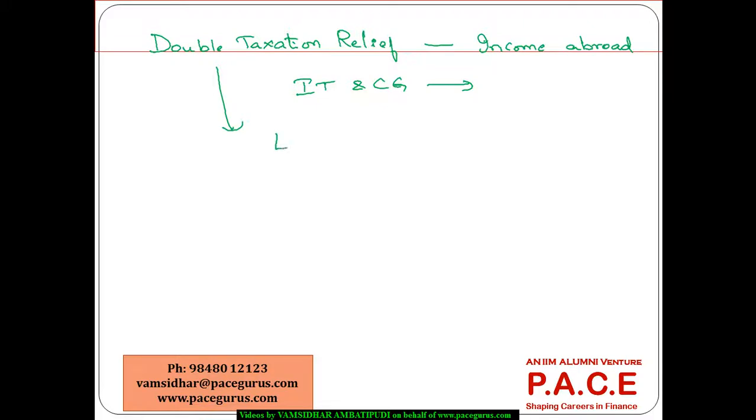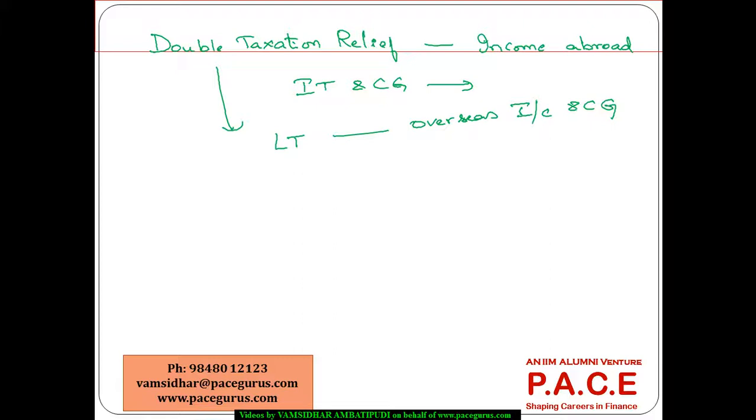So the local tax authorities allow the companies and individuals having overseas income and capital gains to offset the tax that they have paid abroad against their liability. They can adjust it with the domestic tax that they really need to pay.